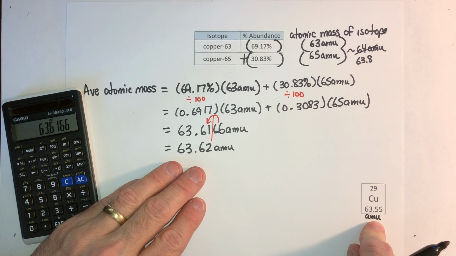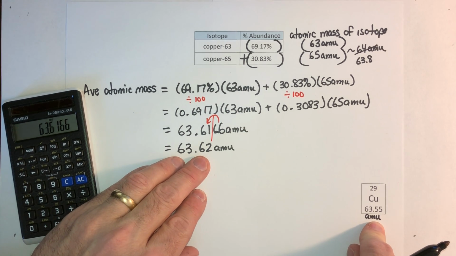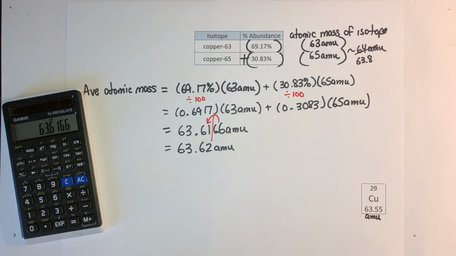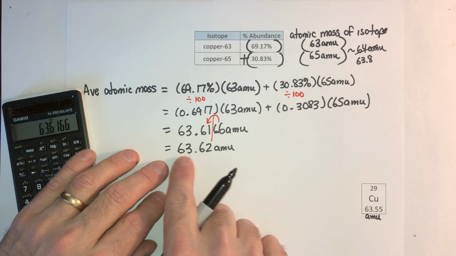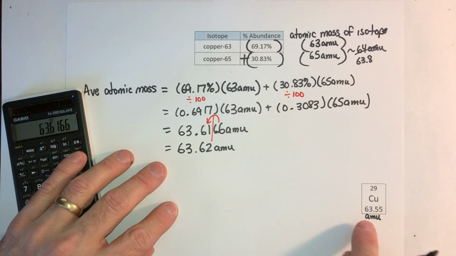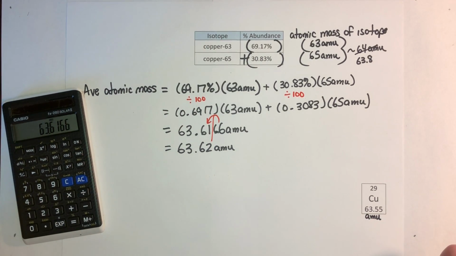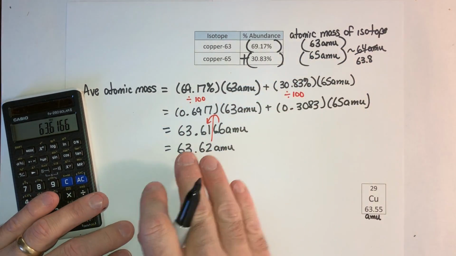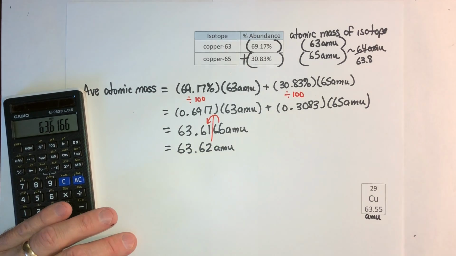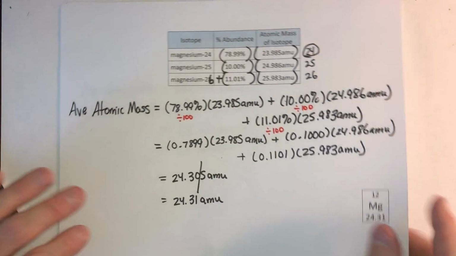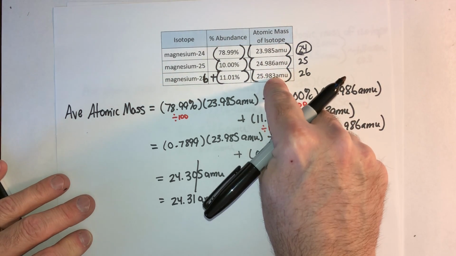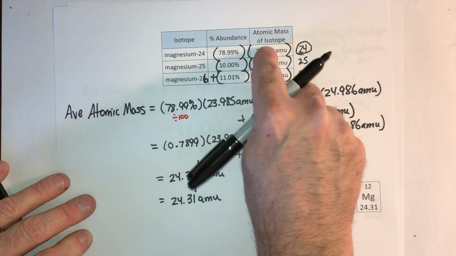This is 63.55, this is 63.62. If you think of it as prices, if you bought something for $63.62 versus $63.55, that's not really a big difference. Okay, so the approximation will get you close to the right answer. If you want to get the absolute right answer, then the problem will have to give you the masses of the isotopes.